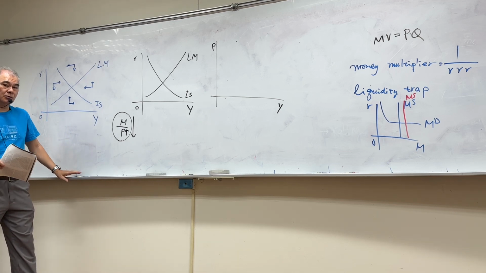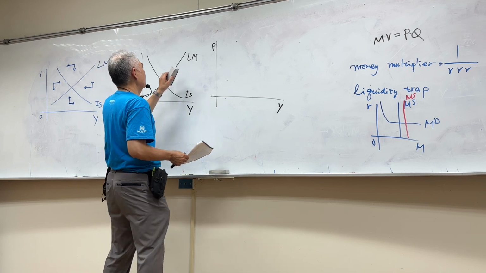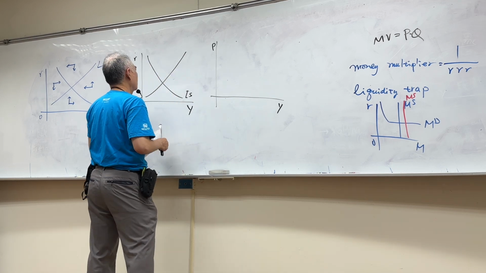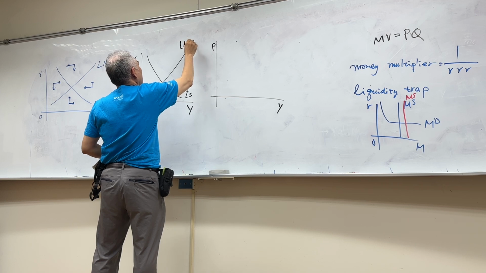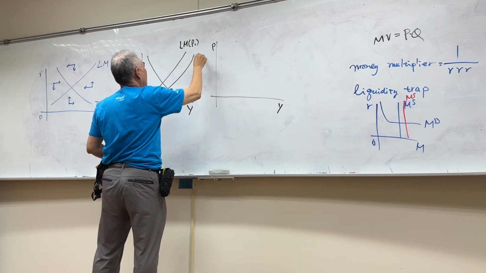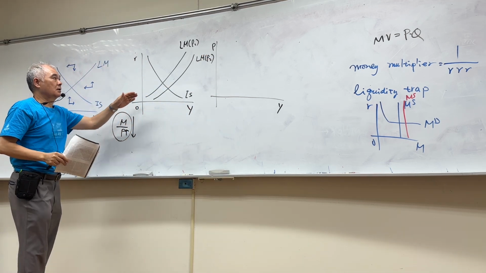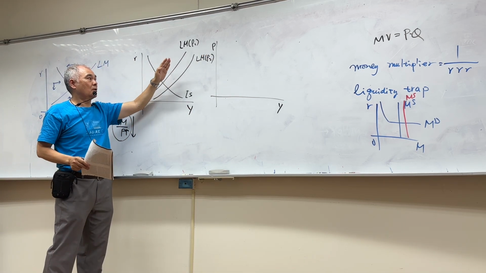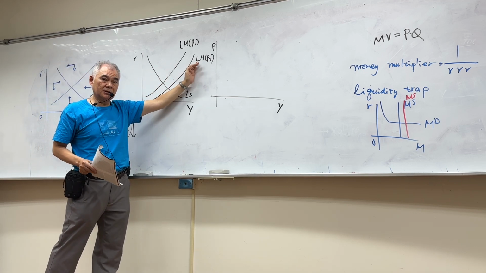So we're going to use two price levels here. So LM at P1, and then LM at P2. And you can see here LM P1 is here, and then LM P2 is here.